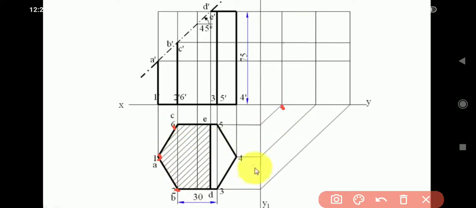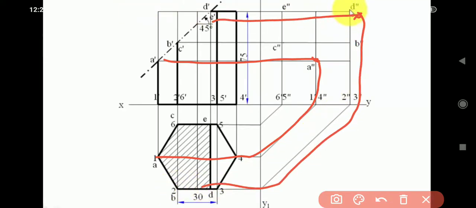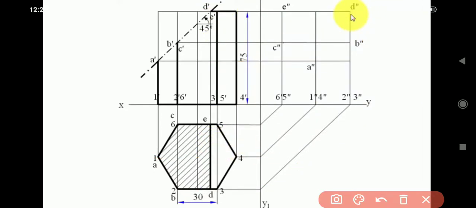So 6 is here, 2 is here, 1 is here, 2 is there, and similarly 5, 4 and 3 are on the same lines, and the A point is here, and that can be seen from the top view diagram. So this is the point over here, and similarly you can also take the D point. So this is the D point, and in that way the remaining points B, C and E are also represented.